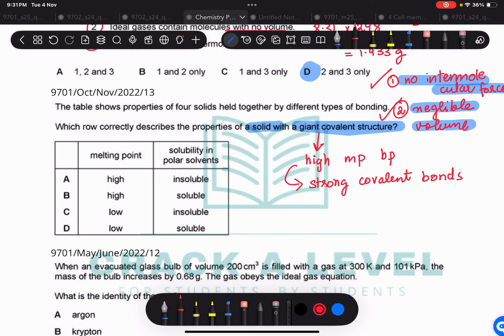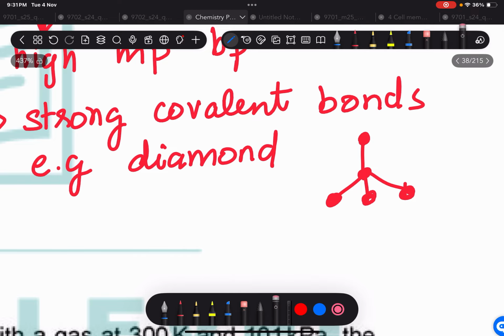For example, I take the example of diamond. What do I have to break in diamond? This is one carbon attached to 4 other carbon atoms, first, second, third and fourth.